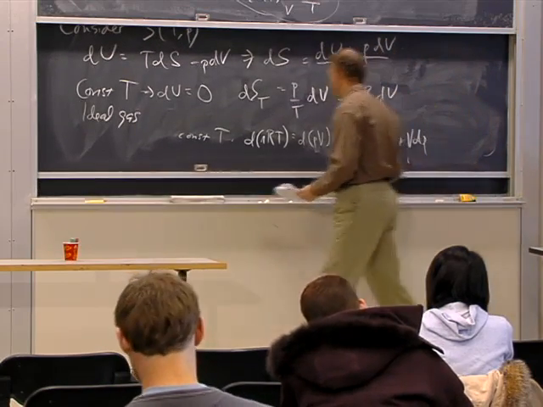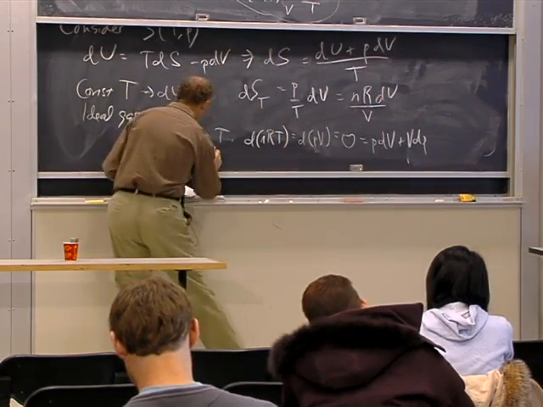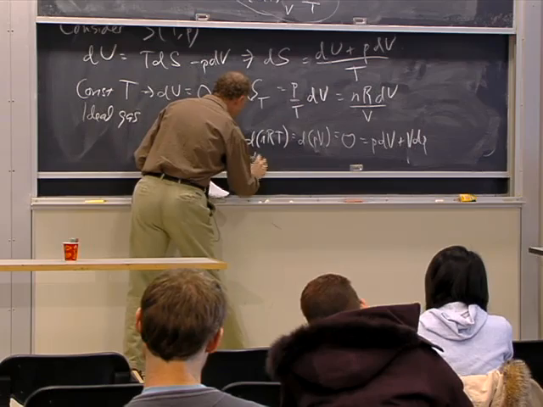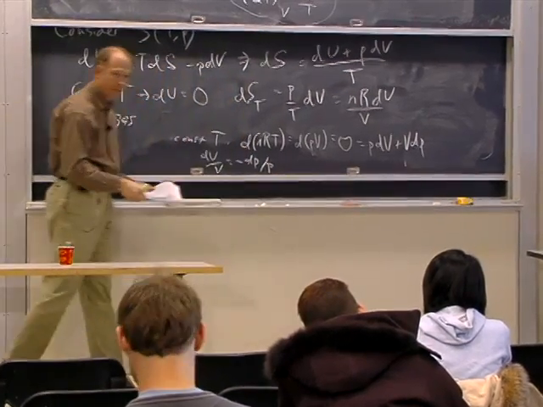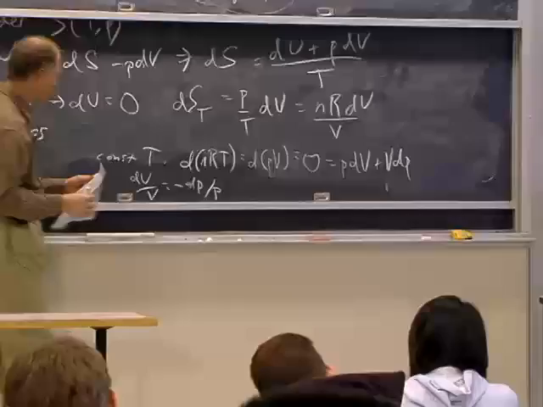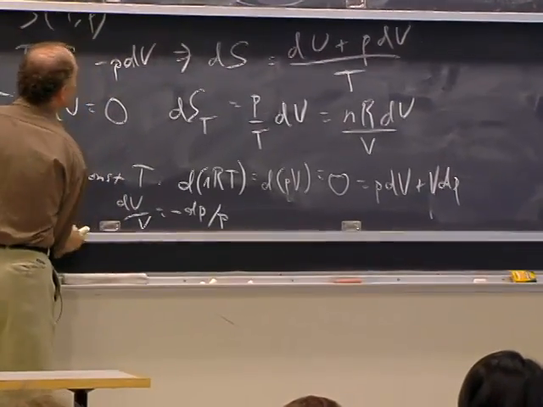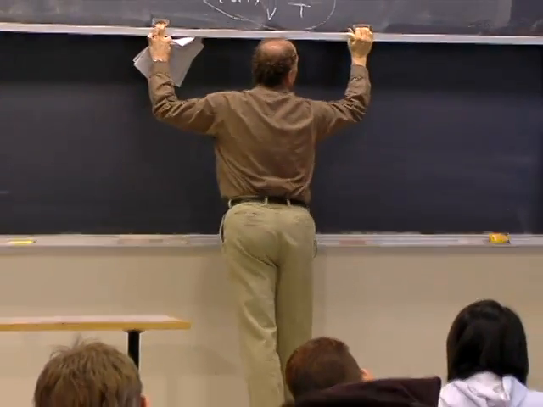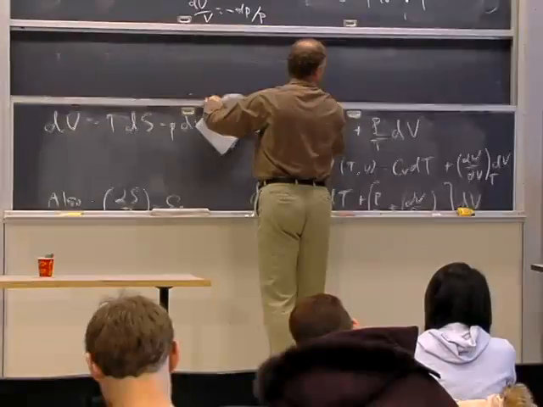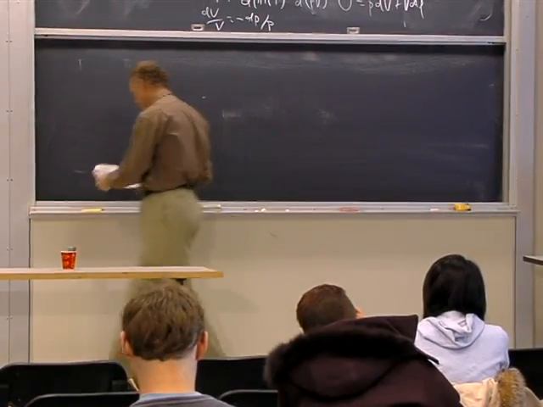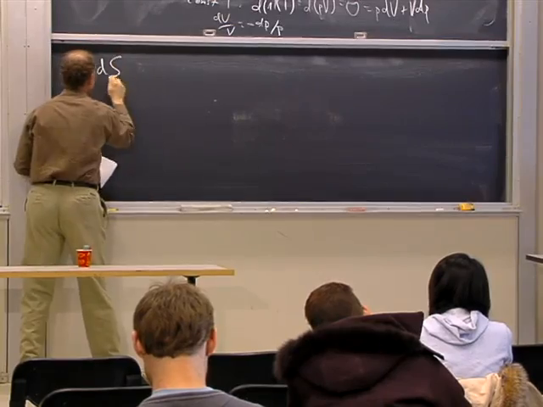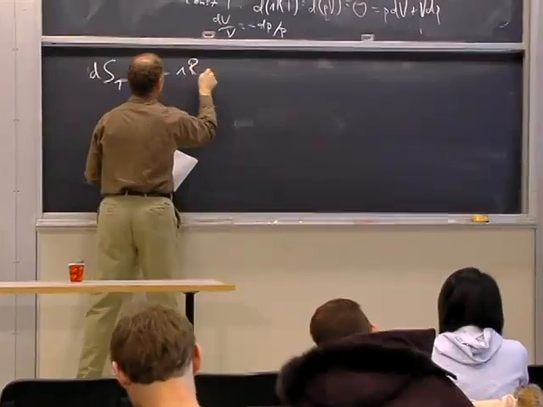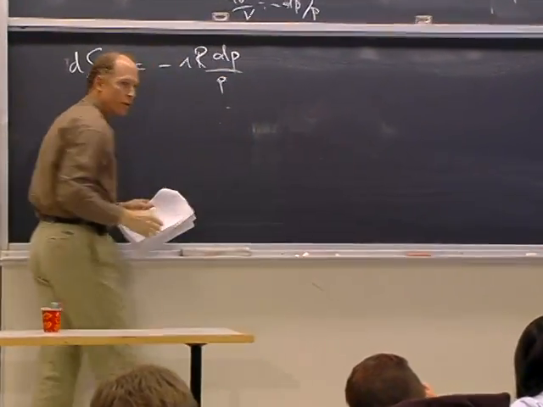So this says that dV over V that I've got there is the same thing as negative dP over P. So I can write that dS at constant temperature is minus nR dP over P.